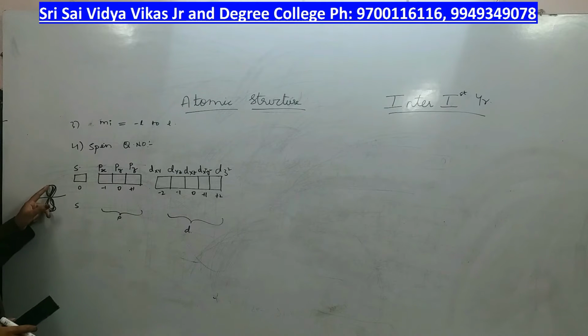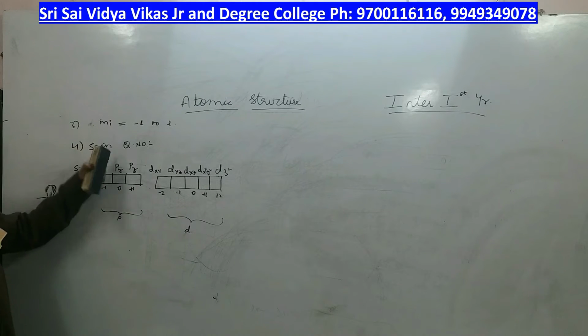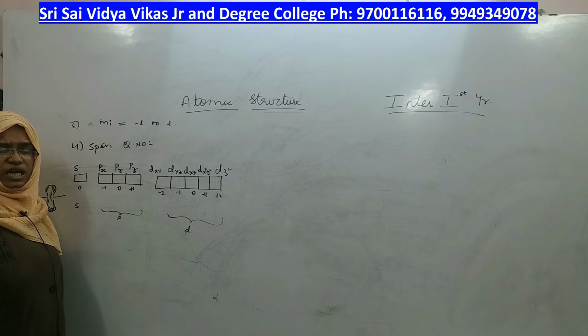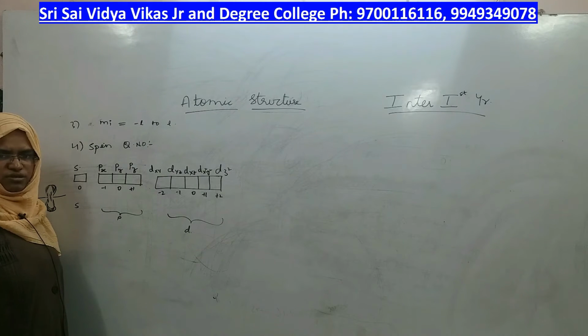So the electron is continuously spinning in this area at the top, this area at the bottom, and in which direction it is spinning is determined by spin quantum number. The direction of revolving of electron is called as spin quantum number. Spin quantum number determines in which direction the electrons are spinning.